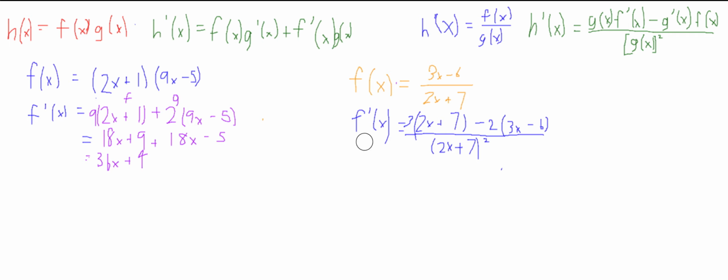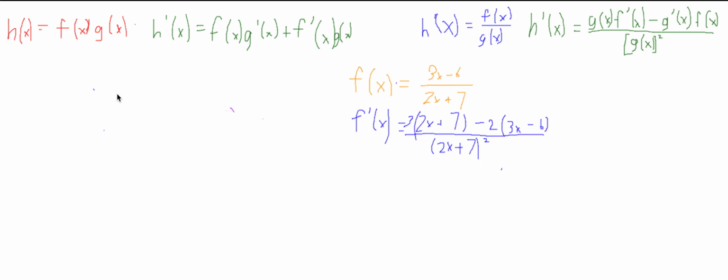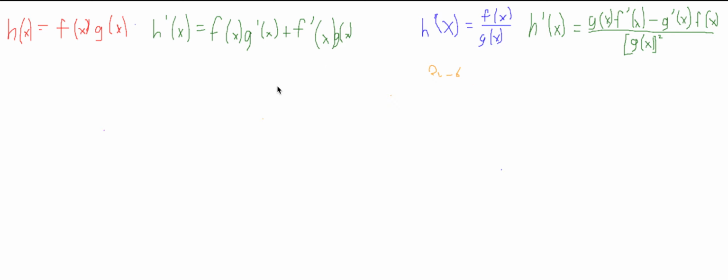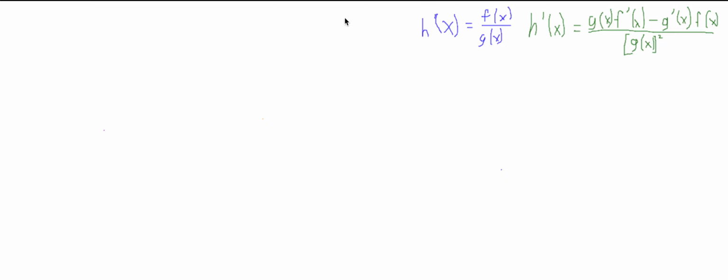And now one more rule I'd like to talk about is the chain rule. Now, chain rule helps us find derivatives of exponential, logarithmic, and trigonometric functions, kind of. Trig functions. So let's go ahead and find some trig function derivatives now.